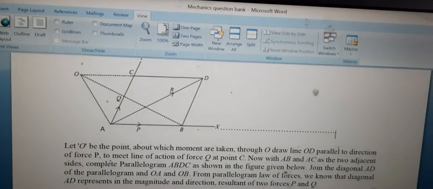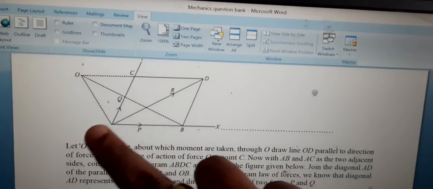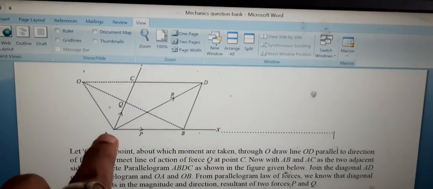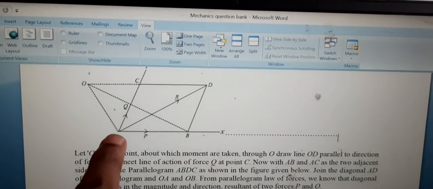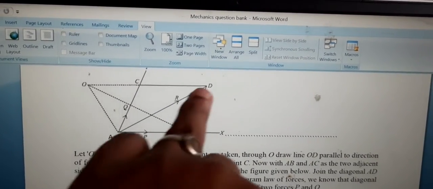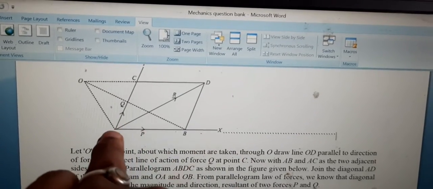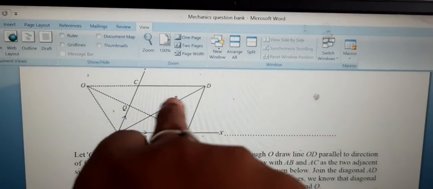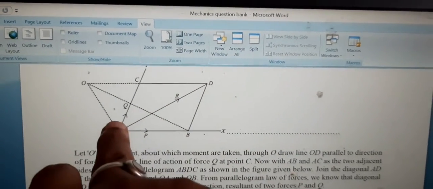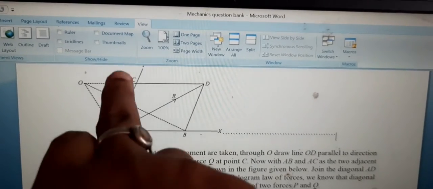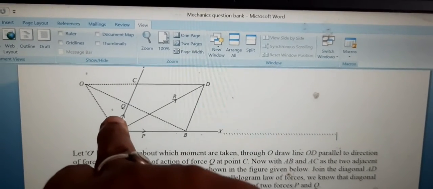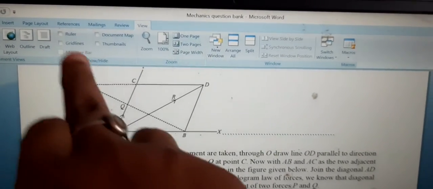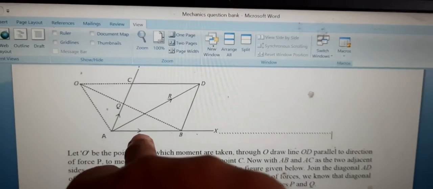So twice the area of triangle AOD equals twice the area of triangle AOC plus twice the area of triangle ADB. Twice the area of triangle AOD represents the moment of the resultant force R, which is equal to twice the area of triangle ACO, that represents the moment of force Q, plus twice the area of triangle AOB, that represents the moment of force P.